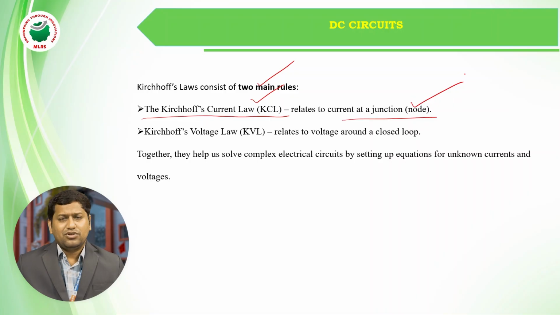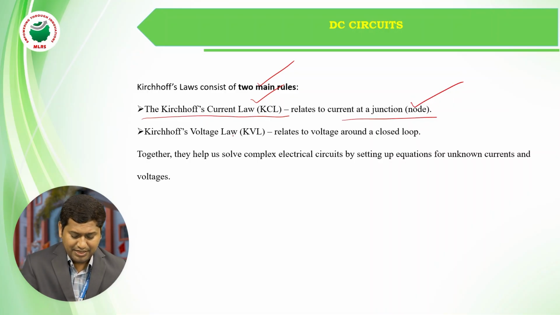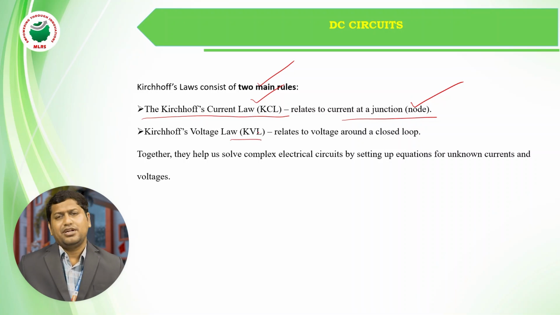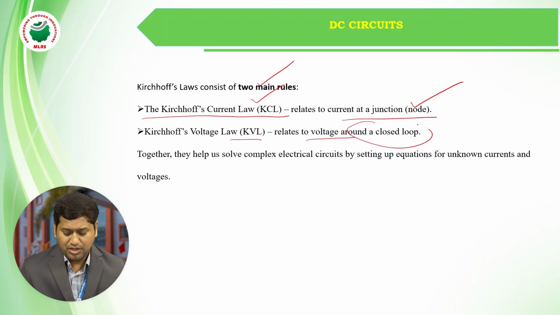The second one is Kirchhoff's voltage law. Shortly we call it KVL, and Kirchhoff's current law is shortly called KCL. Kirchhoff's voltage law relates to the voltage around a closed loop.